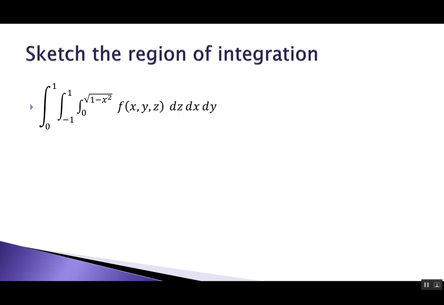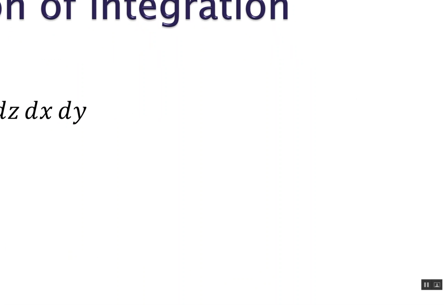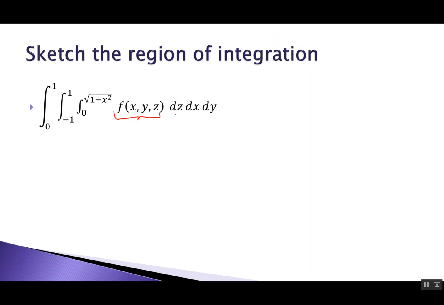Let's look at one picture where we try to sketch the region of integration. We're definitely not going to integrate it because I didn't tell you what the function was here, but let's see if we can look at the region. All right, so my first integral is z, and there's my picture.